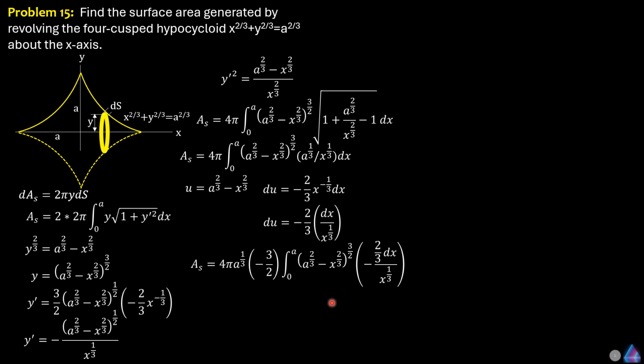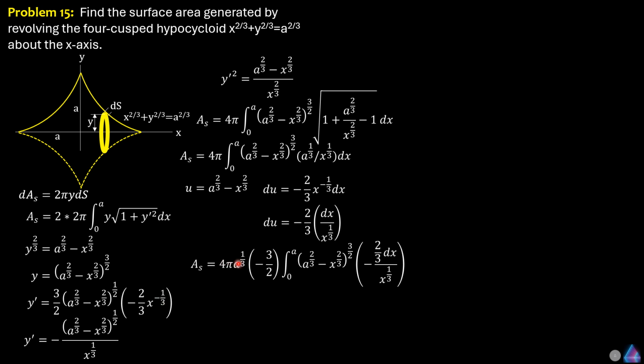So this is now in the form, and this is the constant. Then this is the integral of u to the 3 halves du. The integral of u to the 3 halves du is u to the 5 halves over 5 halves, or simply 2/5 of u to the 5 halves.